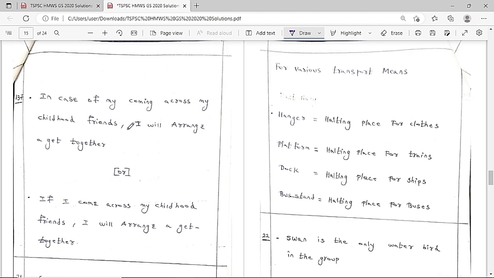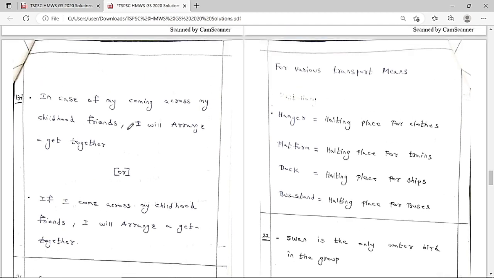So the solution is, in case of my coming across my childhood friends, I will arrange a get together, or if I come across my childhood friends, I will arrange a get together. So both are going to have the same meaning.